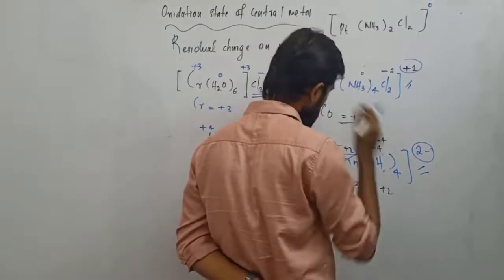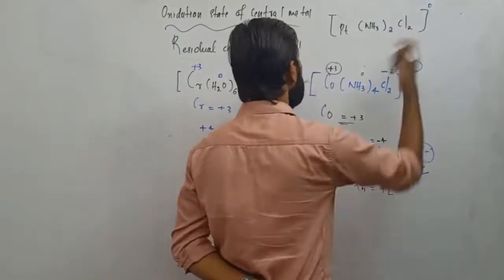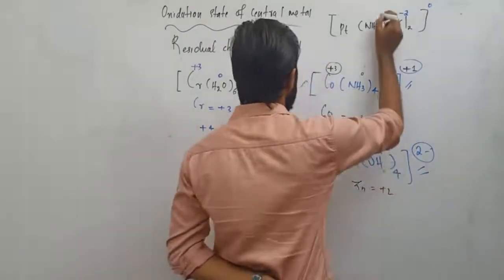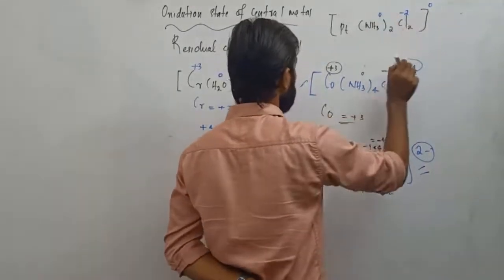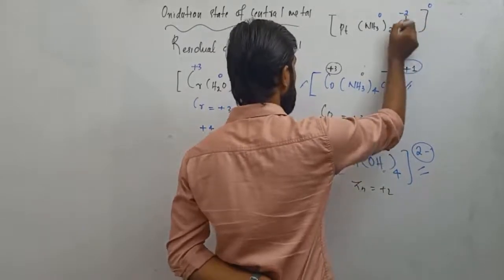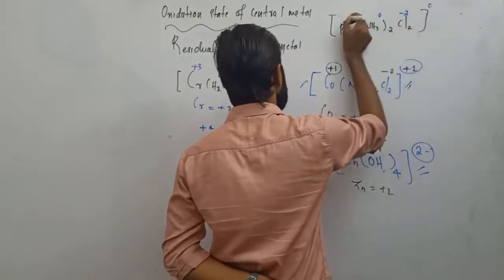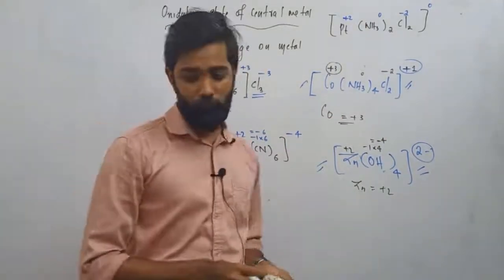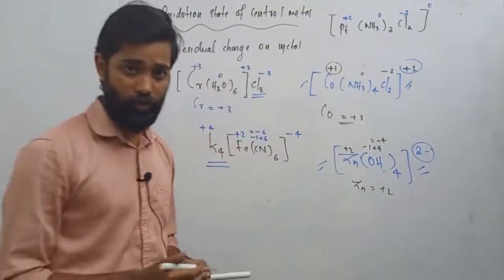Then what about the ligands? Here your chlorine offers -2 because chlorine has a -1 charge. Your amine offers 0. So here already -2, but the answer is 0. So your platinum should offer +2. That is how you can find the oxidation state.